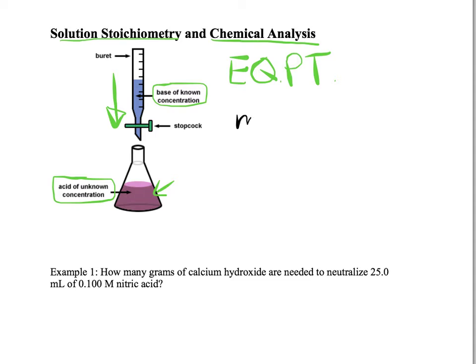At the equivalence point, the moles of H+ equal the moles of OH-. This is when we mix a strong acid with a strong base. The moles of hydrogen ion equal the moles of hydroxide ion.